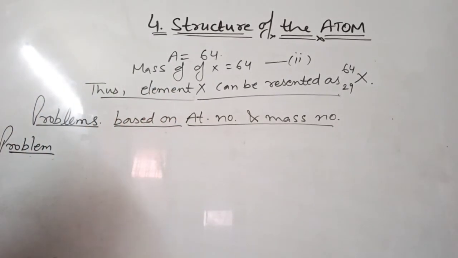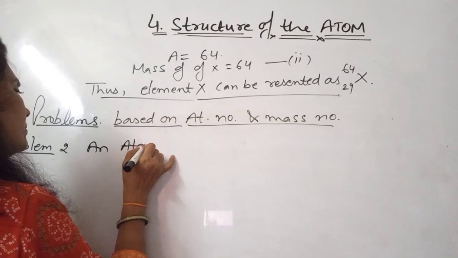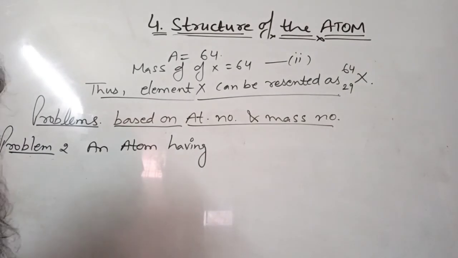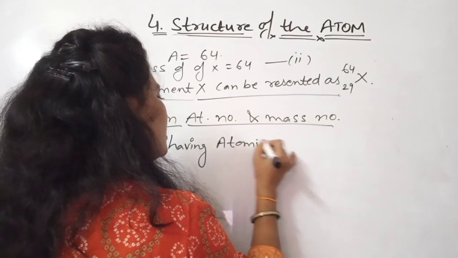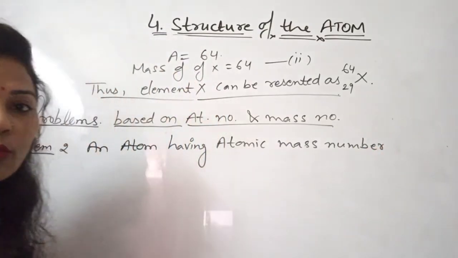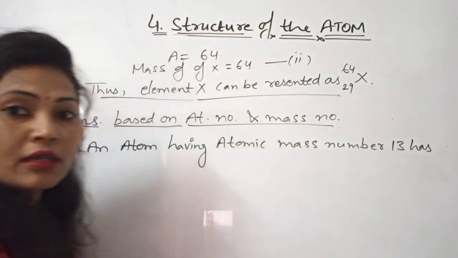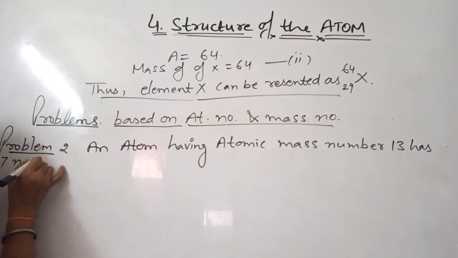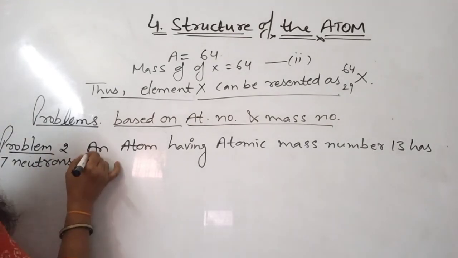Next, problem second: an atom having mass number 13 has 7 neutrons. Then what is the atomic number of the atom?